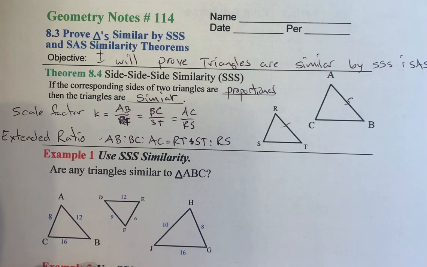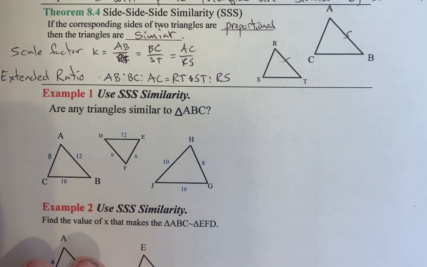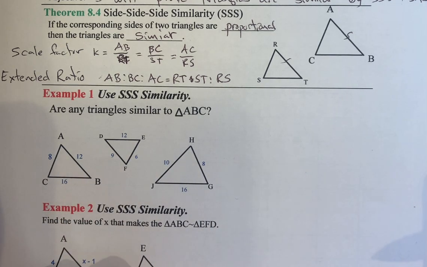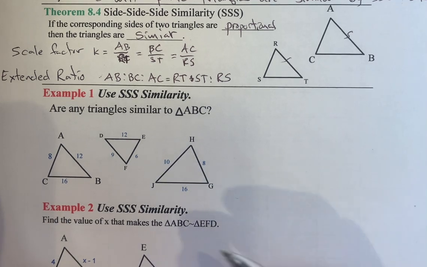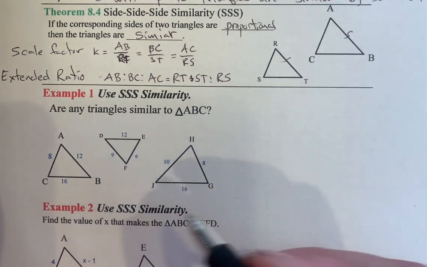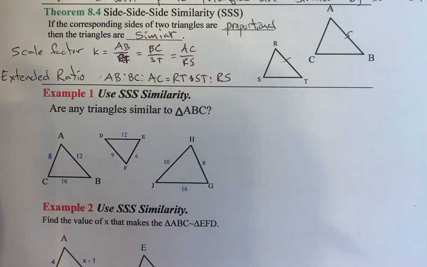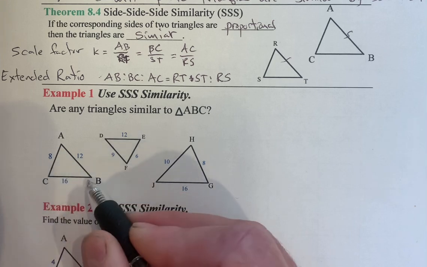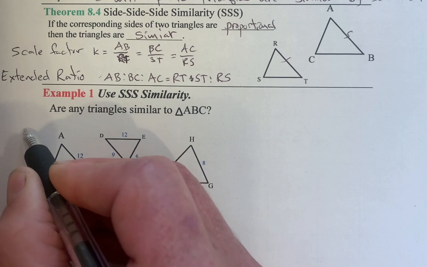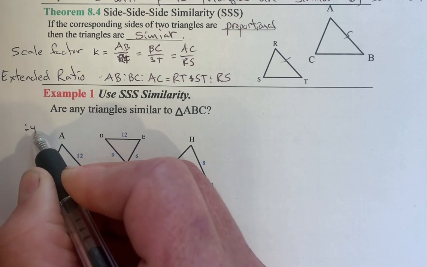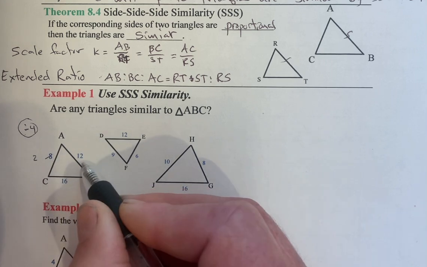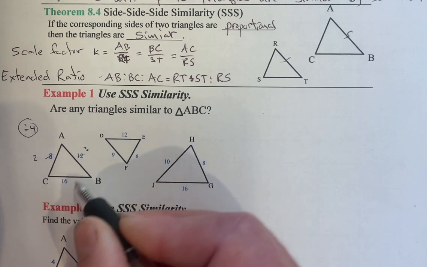So if we look at this first example, let's see about these three triangles. Now, writing the scale factors is a little bit cumbersome, so I'm just going to look at the extended ratios. Maybe I'll look at these three numbers here, and divide all of them by the same number, 8, 12, 16. Looks like it could divide by 4. So if I divide by 4 on this one, I get 2, 3, and 4.